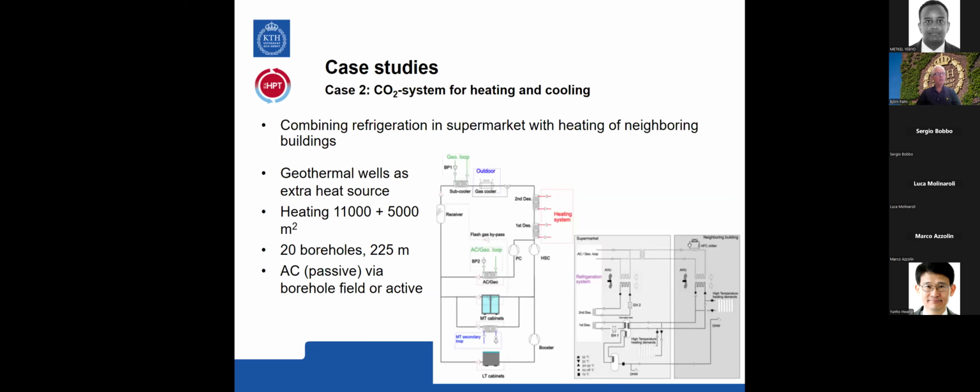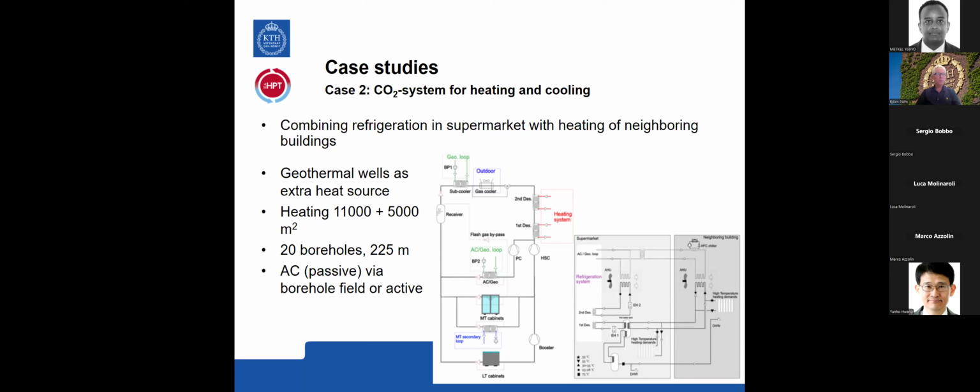The second case study is this CO2 system for heating and cooling. So this is in a supermarket having a large surface area of 11,000 square meters. And the system is also heating 5,000 square meter buildings around this supermarket.